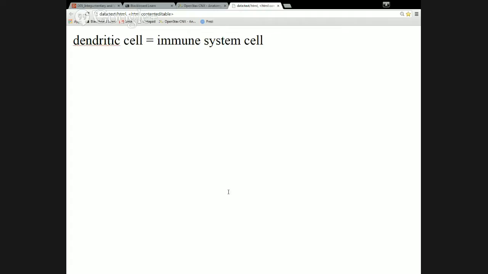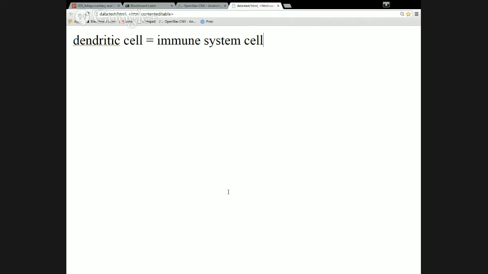Whenever a pathogen gets through the skin, the dendritic cell is there basically as a lookout. And it sees bacteria or whatever that's gotten in through the skin, and it can move out of the skin to alert the immune system that something's coming. Dendritic cells are found in a lot of different places, and this is the general name for these.